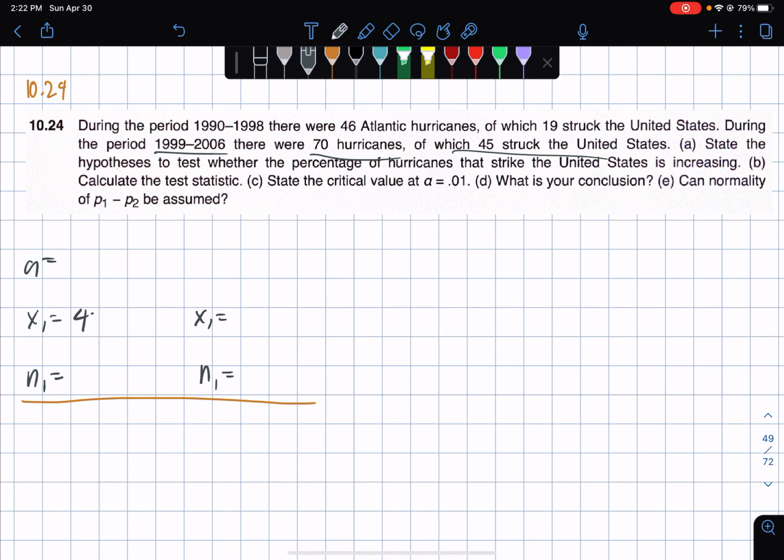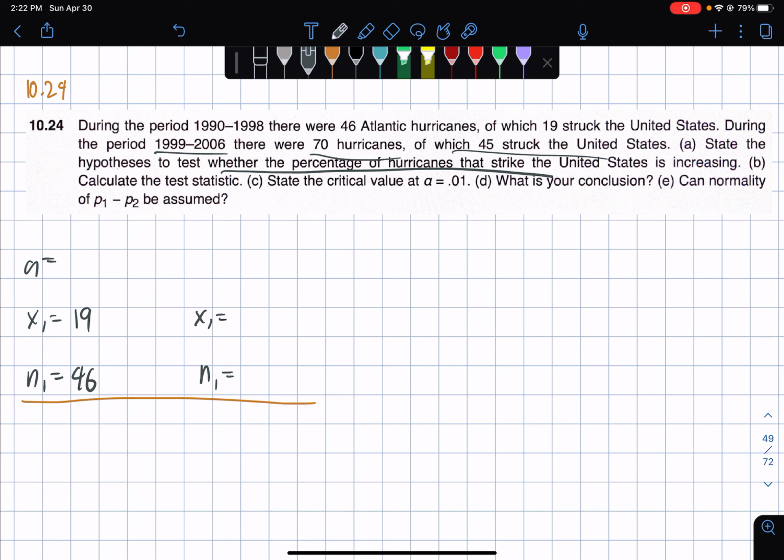Okay, so 45 and 70. Oh wait, there's another mention, something mentioned earlier. 46. Wait, this is 46. Total hurricanes in the Atlantic, and then 19 of which struck the United States. 19. In the context, it says the percentage of hurricanes that strike the United States is increasing.